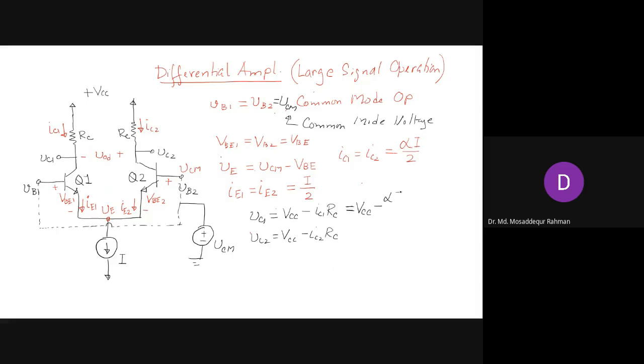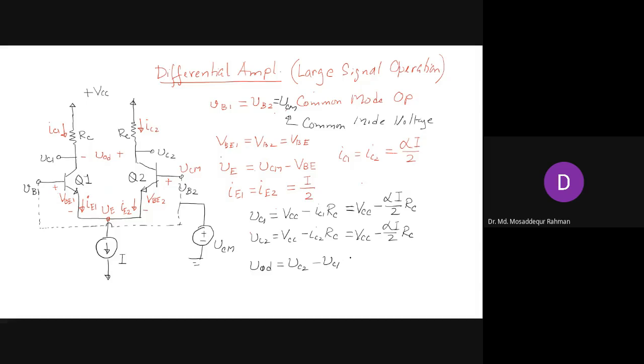So this is VCC minus alpha I by 2 RC, and VC2 is also the same. So VC1 and VC2 are the same, and this is the output voltage from a single node, and VOD, the differential output voltage, is given as VC2 minus VC1.